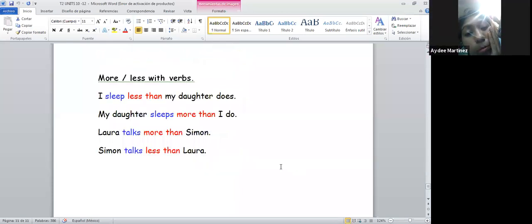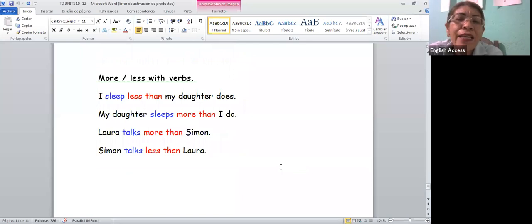Now let's talk about verbs. Let's talk about activities. Here I'm using sleep and talk. So when we're using verbs, we want to use more or less to compare. Example, I sleep less than my daughter does. Or the opposite, my daughter sleeps more than I do.